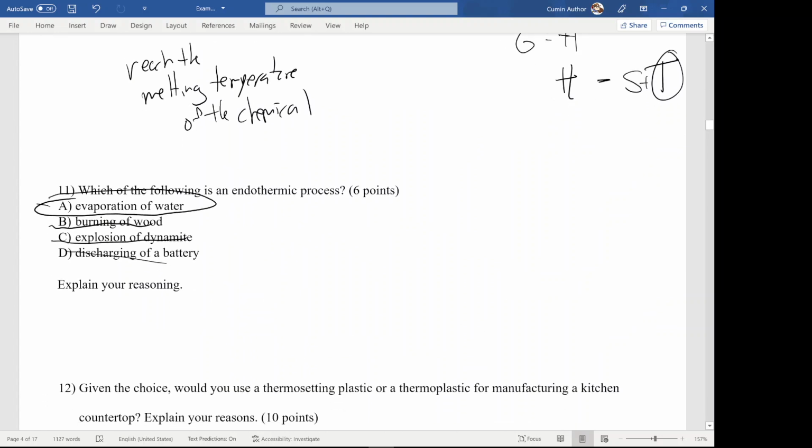And then we need that as our reasoning, is that liquid to gas is endothermic. And really that's the main thing, endothermic because it requires energy.